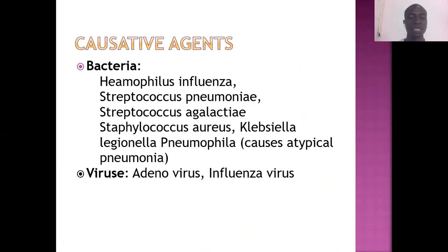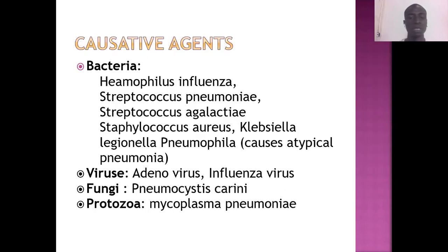Under virus, we have adenovirus and also influenza virus. They can cause pneumonia. We have also fungal, Pneumocystis carinii, which causes fungal pneumonia. We have also protozoa and Mycoplasma pneumoniae. They can also cause pneumonia.